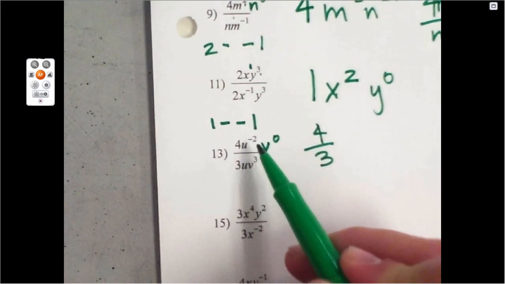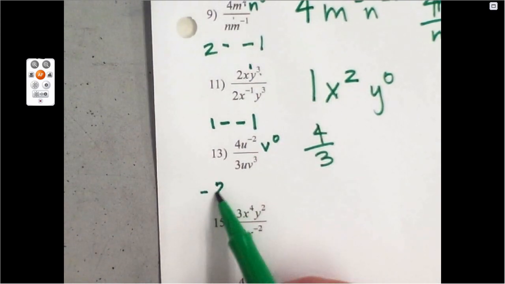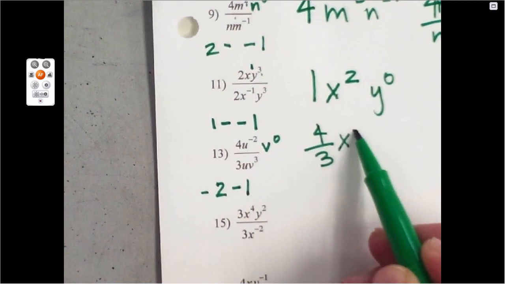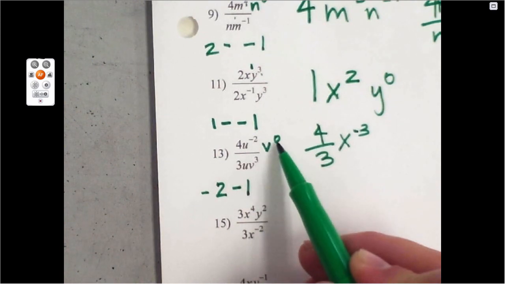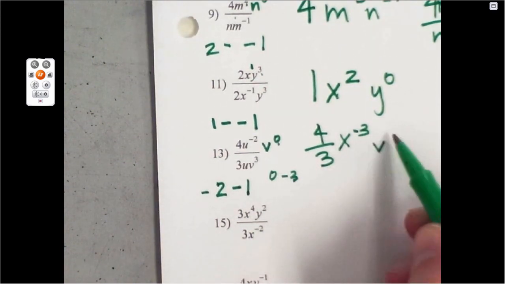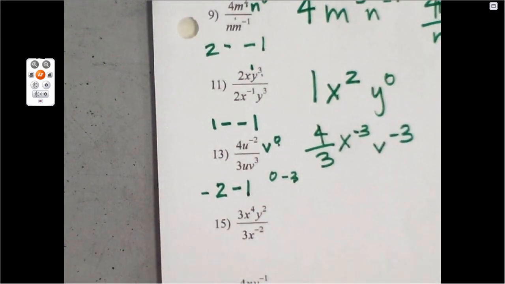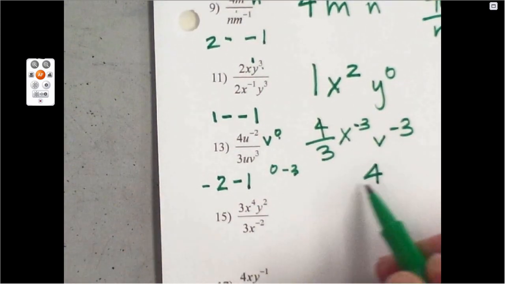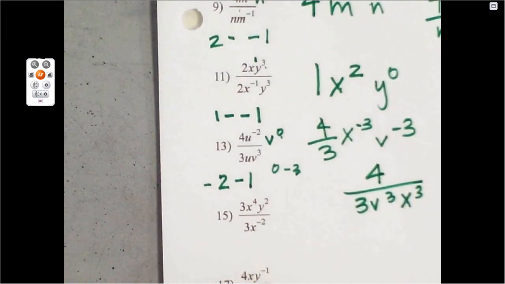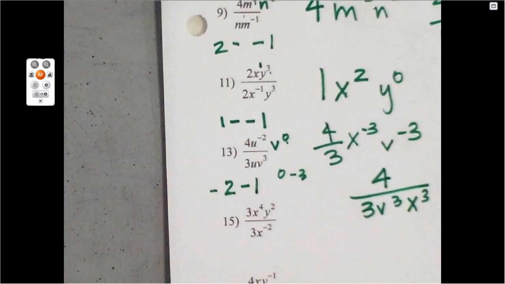Okay, so on my U's, I've got -2 minus 1, which is -3. 0 minus 3 is also -3. Can't leave it like this, so it's going to be 4/3 B to the 3 X to the 3. That one was pretty difficult. You won't have one that hard.